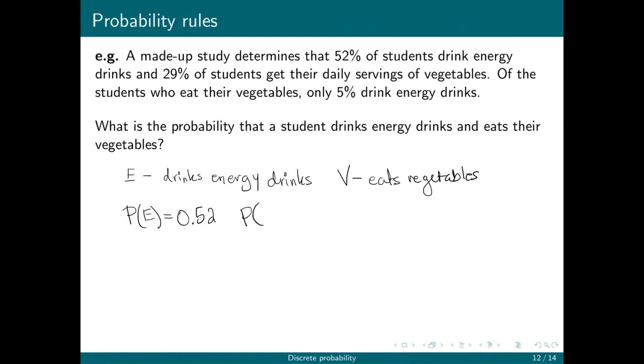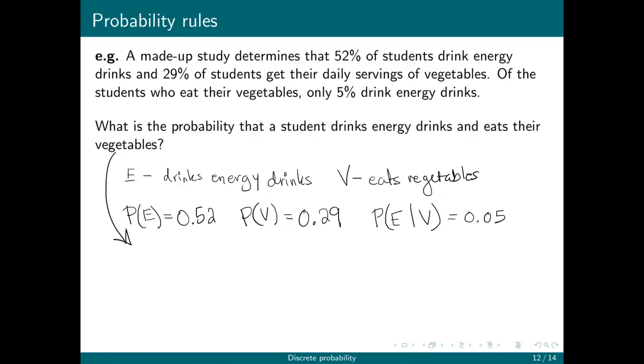We are told that the probability of V is 29%. And the one that's a little trickier to read is the last one. Of the students who eat their vegetables, well, that tells us that eating vegetables is the given event. All right, so the probability that someone drinks energy drinks given that they eat their vegetables is only 0.05.